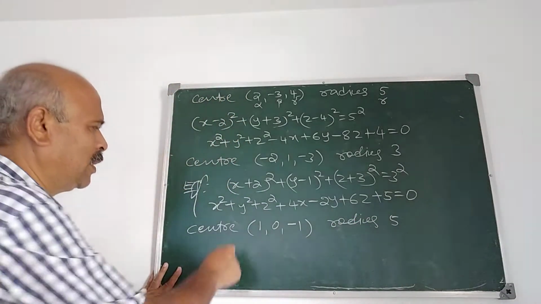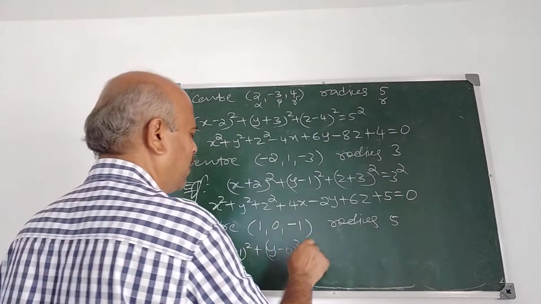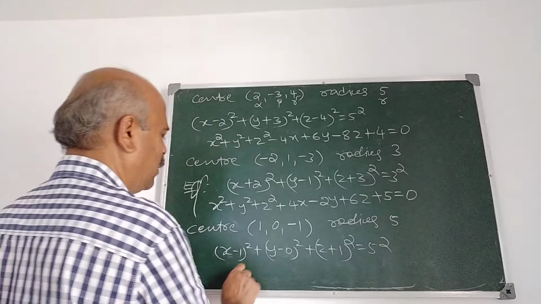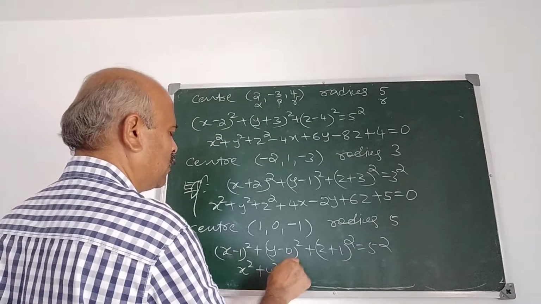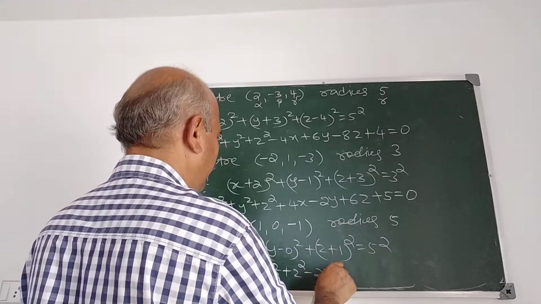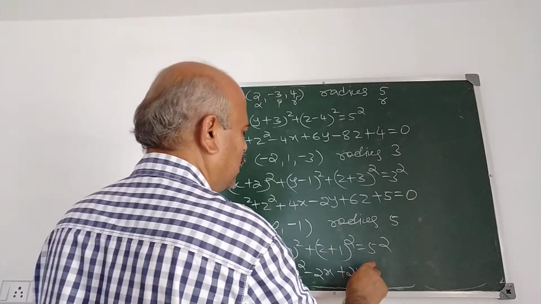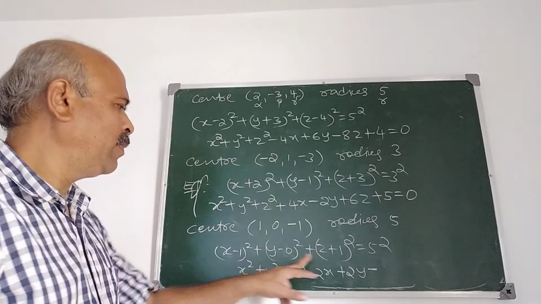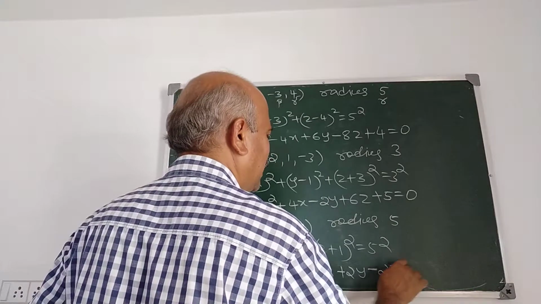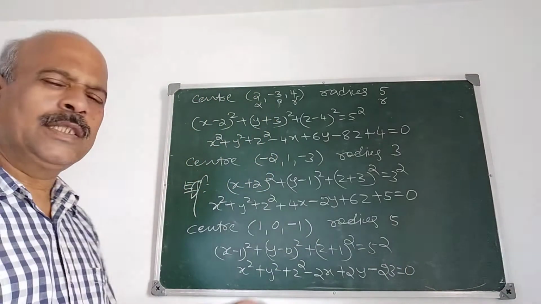How to apply? (x - 1)² + (y - 0)² + (z + 1)² = 5², or x² + y² + z² - 2x + 2z + 1 + 1 - 25 = 0, that is x² + y² + z² - 2x + 2z - 23 = 0. You verify this. This is the equation of this sphere.